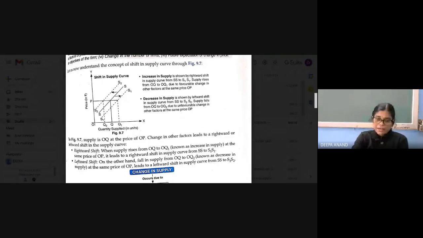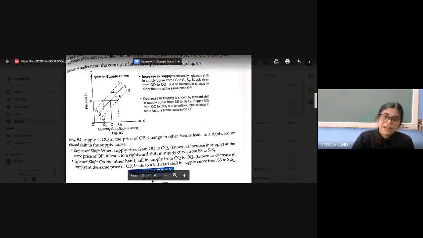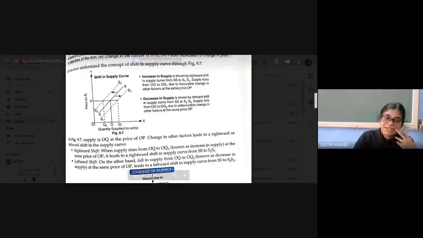And if it takes a leftward shift due to some other factors, the quantity supplied may decrease. In that case it is decrease in supply. So these two movements are called either increase in supply or decrease in supply. The rightward movement is increase in supply and the leftward movement is decrease in supply.